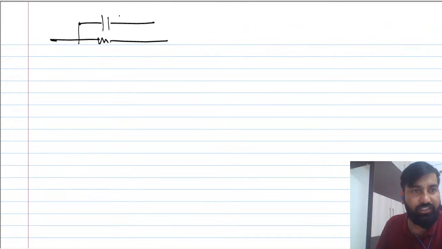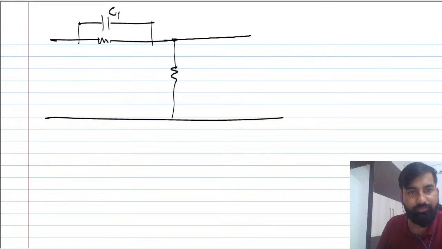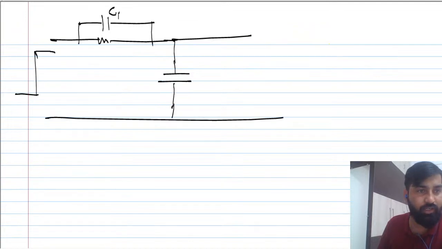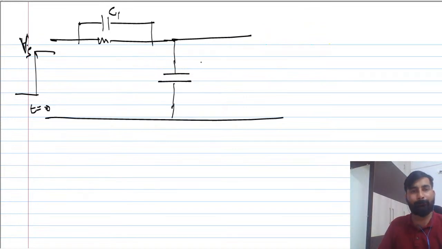Let me write it once again here. Suppose this is the situation; whenever this situation comes, you have to do this. Suppose this is C1 and this is the capacitance here. Just apply the capacitance, because at t equal to 0, this is VS, right, VS. So this is C2. So what is the voltage across C2, guys, initial voltage 0 plus?